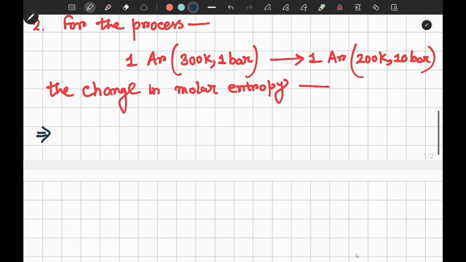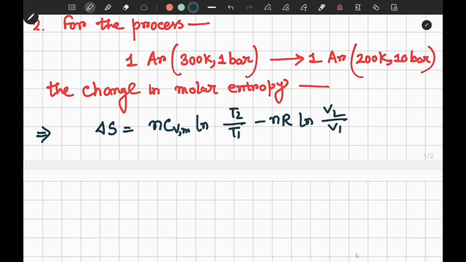So now again we have to recall our formulas. Del S equals to N CVM ln T2 by T1 plus NR ln V2 by V1, or you can write N CPM ln T2 by T1 minus NR ln P2 by P1.